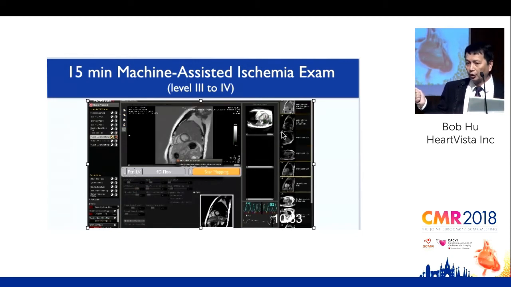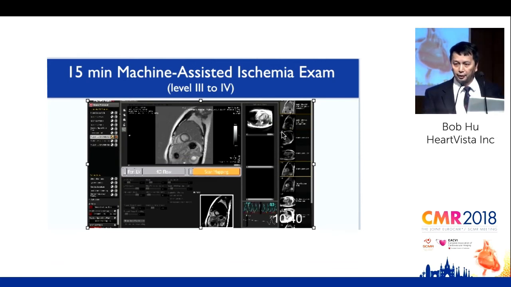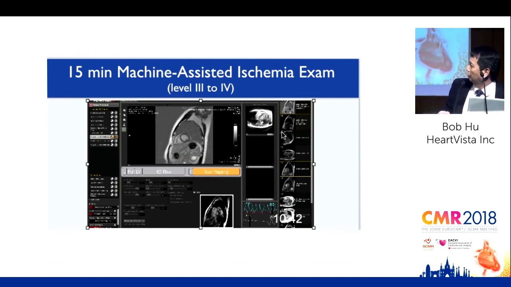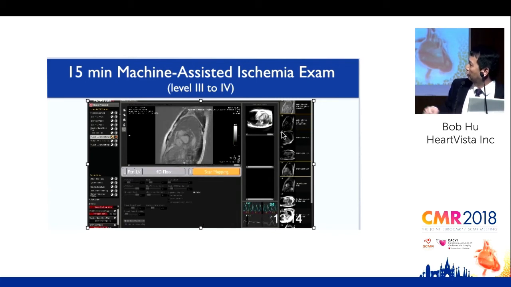Again, the machine is doing this on its own. And then finally, we're acquiring the delay enhancement images. So now we're up to about 10 and a half minutes, and we should be done with this particular study in a total of about 13 minutes or so.